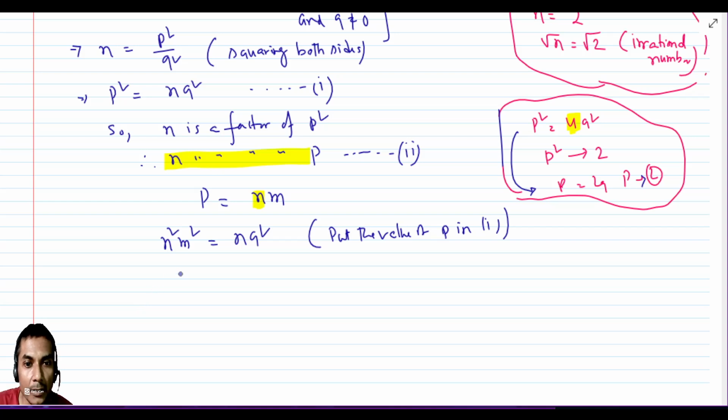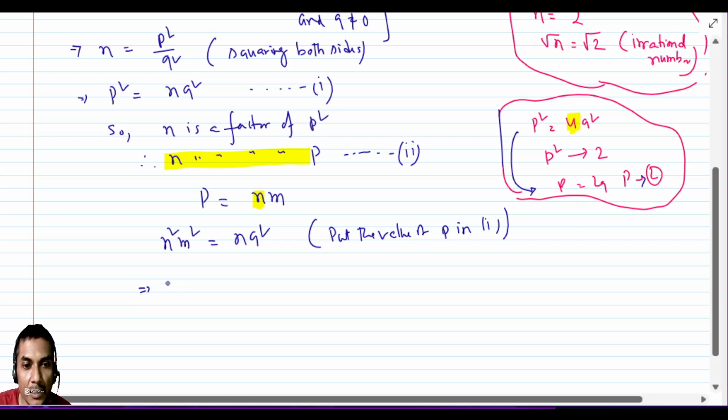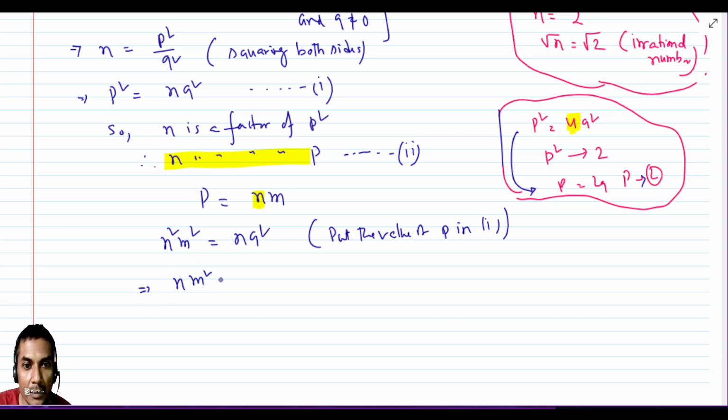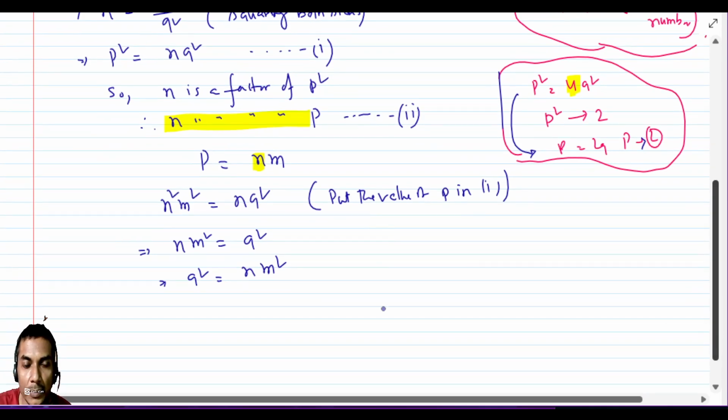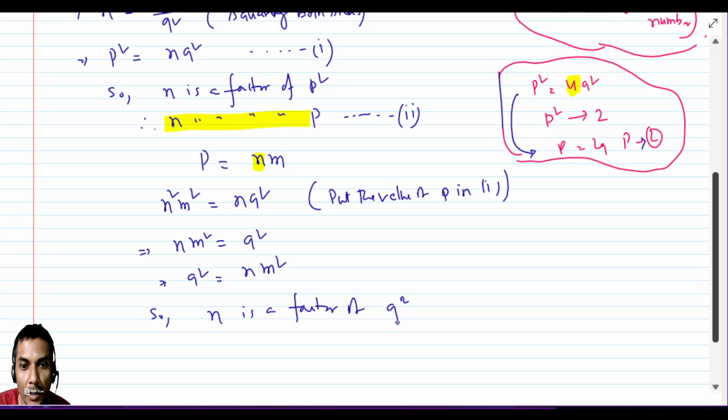So from here we can simplify further, n cancels out, n square and n cancel out, so we get n m square is equal to q square. So q square is equal to n m square. From here, what conclusion do we get? That n is a factor of q square.